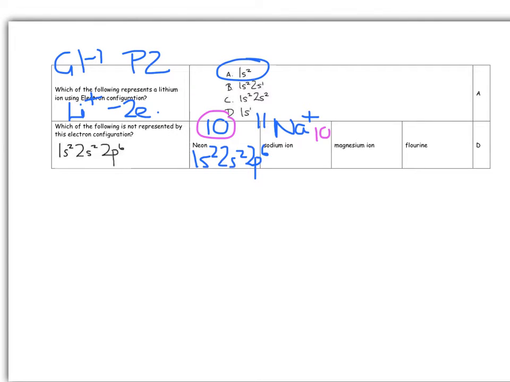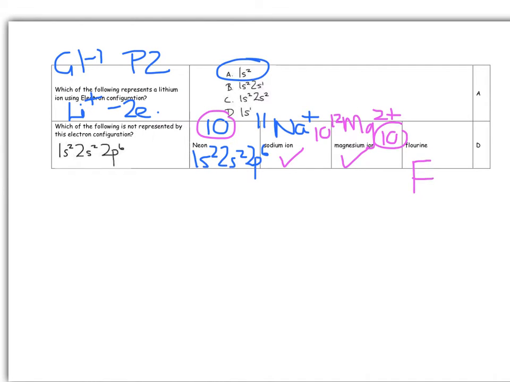So it's also going to be 1s2, 2s2, 2p6. What about the magnesium ion? Well, magnesium is normally Mg. There's 12. It's in group 2, so it will lose 2 electrons to become like its nearest noble gas, and once again, 10 electrons.